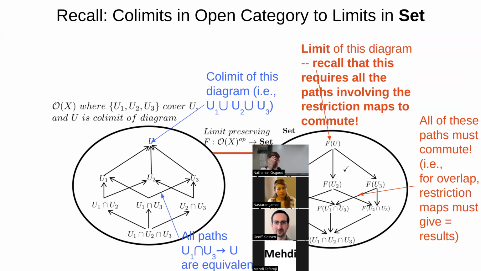Basically, instead of having a poset of open sets O of X, we're going to have what's called a site, which is a category with some open covering. That covering is going to be defined in terms of morphisms, and we're going to be able to map that over.